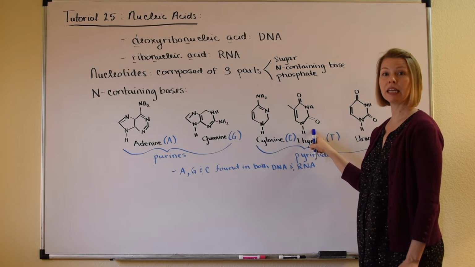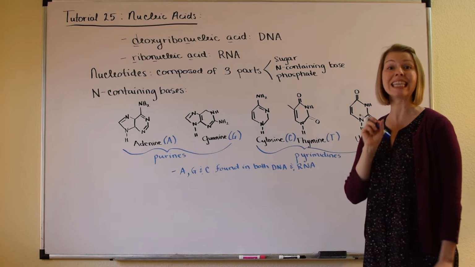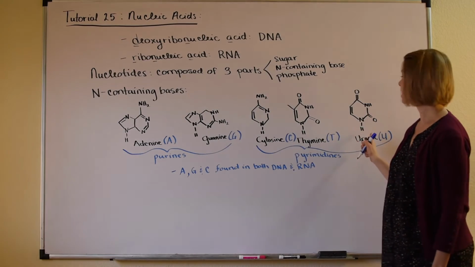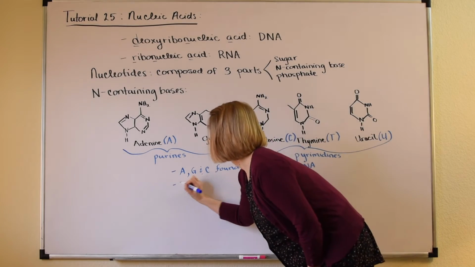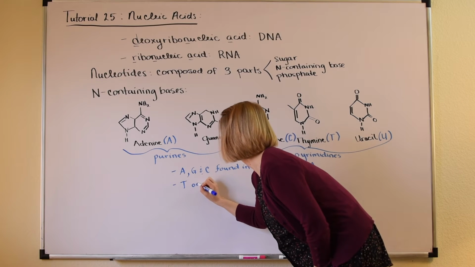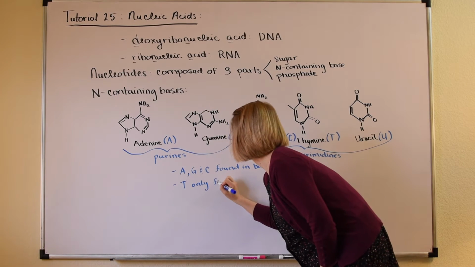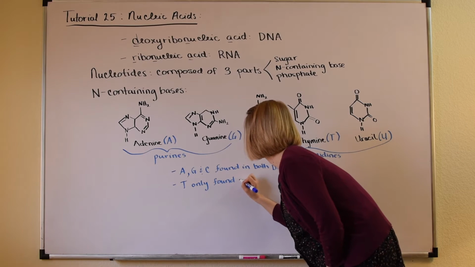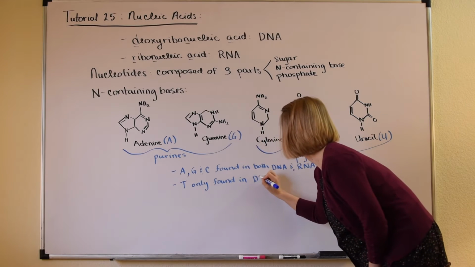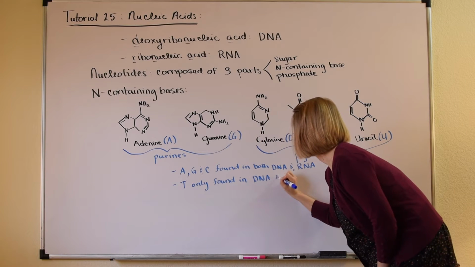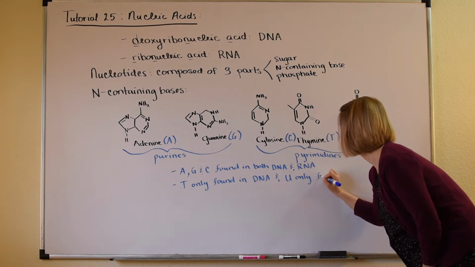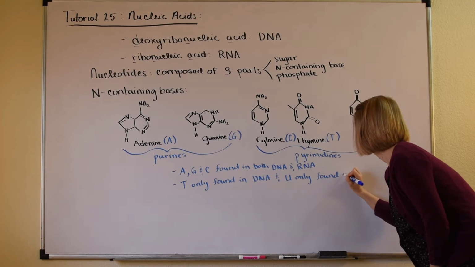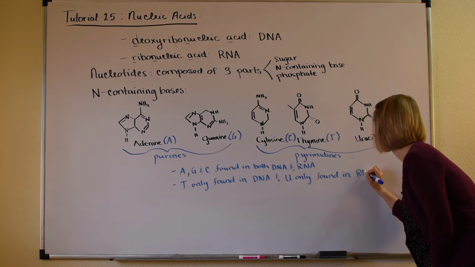But thymine is only found in DNA, and uracil is only found in RNA. I'm going to write that down as well. T, only found in DNA, and U, uracil, is only found in RNA.